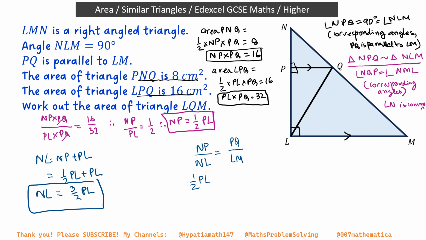So instead of NP I wrote half PL, divided by 3 out of 2 PL, and that is equal to PQ out of LM.